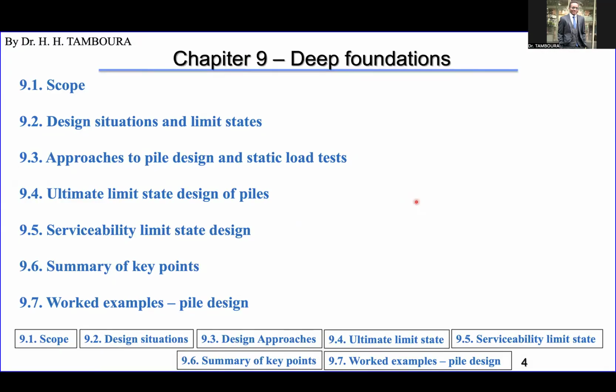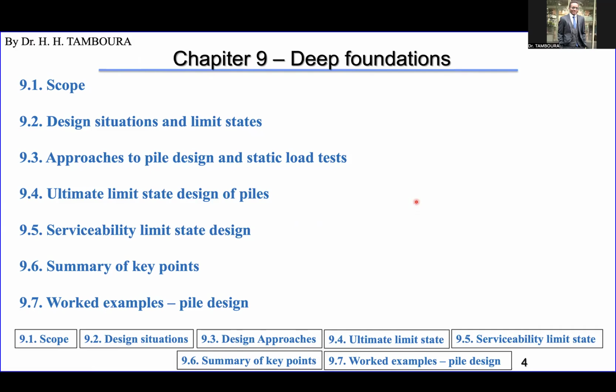In the previous lesson, we talked about how to obtain the characteristic value for the design of the ultimate limit load of bearing capacity of pile according to Eurocode 7. What we did last time was just the characteristic value.